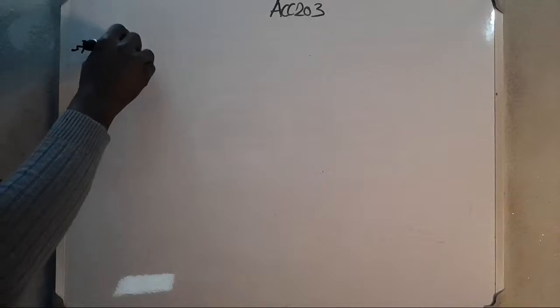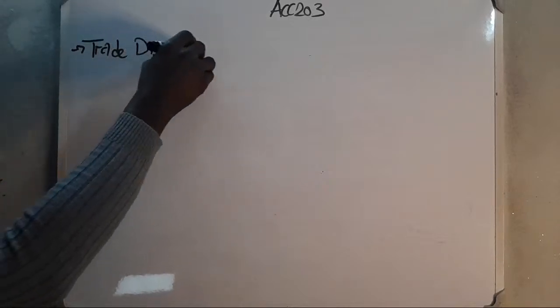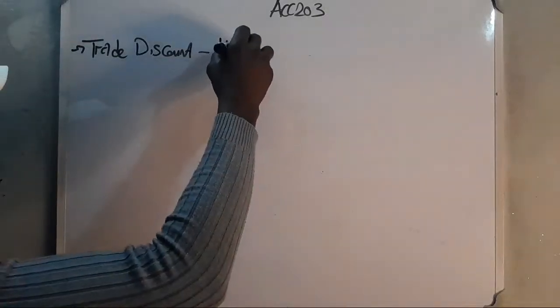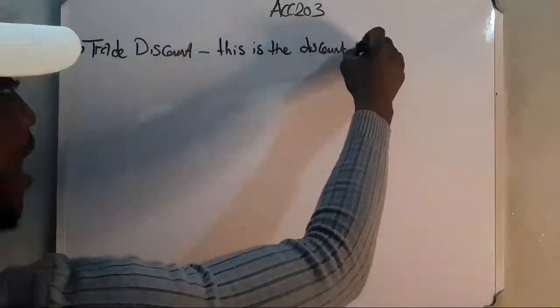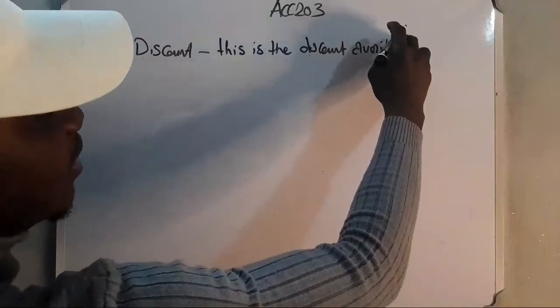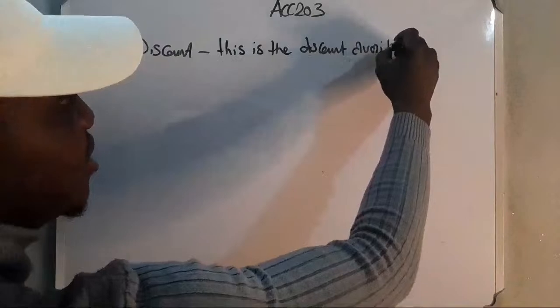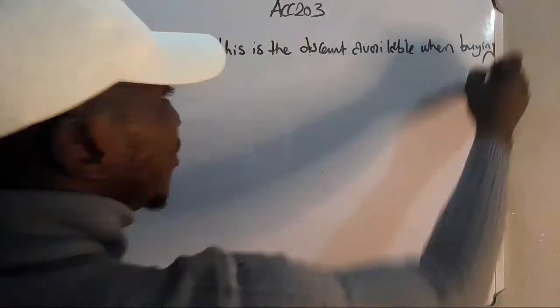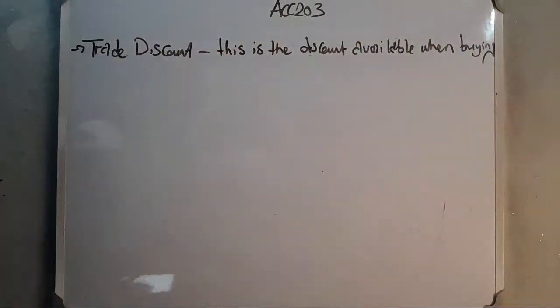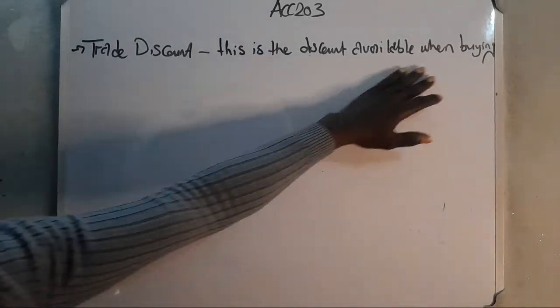This is the discount available when buying goods on credit at the point of purchase.